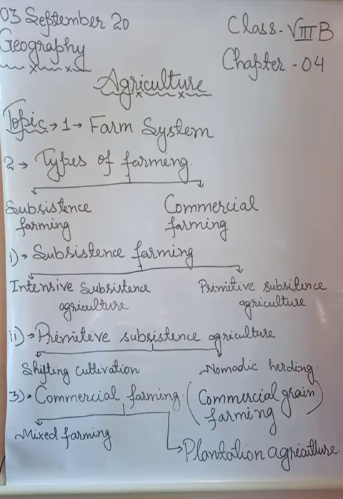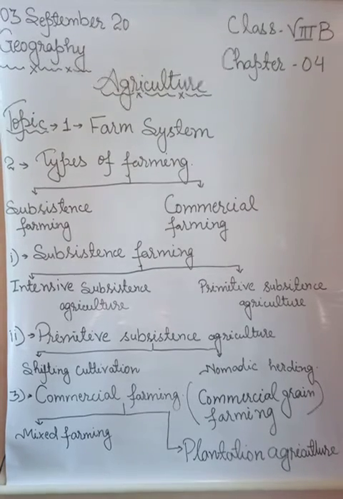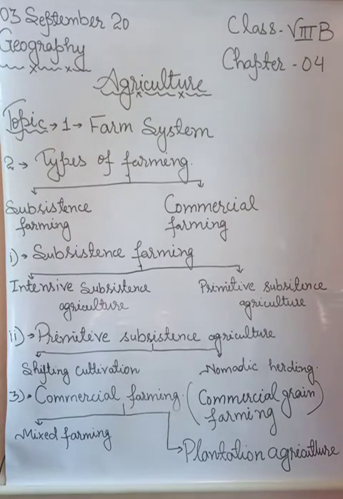And students, in intensive subsistence agriculture, people mostly grow rice, wheat, maize, pulses and oil seeds.